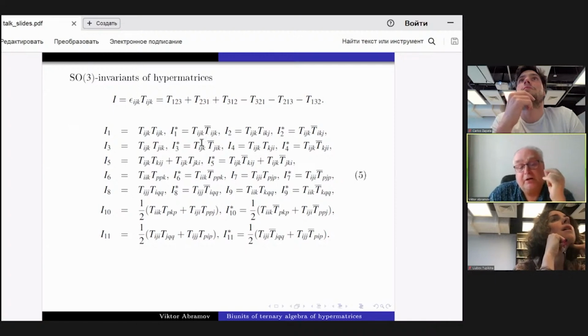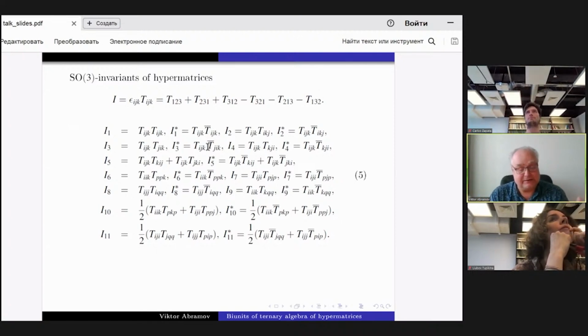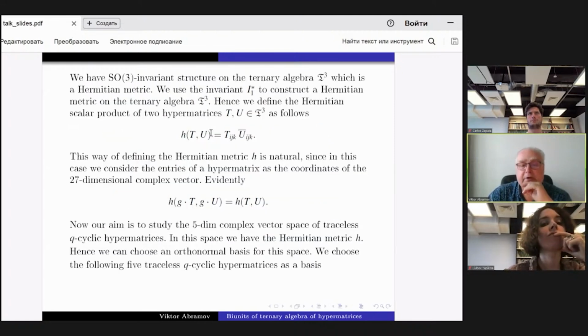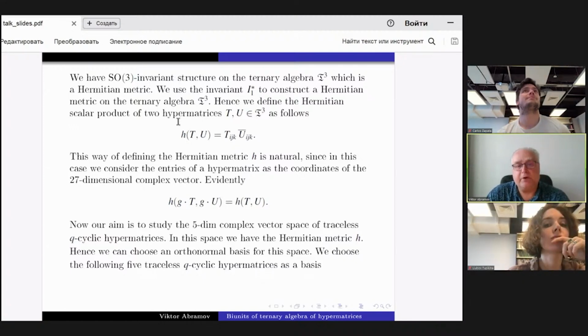Why? Because look here, we take ijk, we multiply each entry of the hypermatrix with the same entry. So we interpret them, let's say, as a complex vector in the space, and here we have a complex conjugate. So actually, this is a Hermitian product, and it's not very surprising that we can define now the Hermitian product, Hermitian metric on this space, and we define it like this.